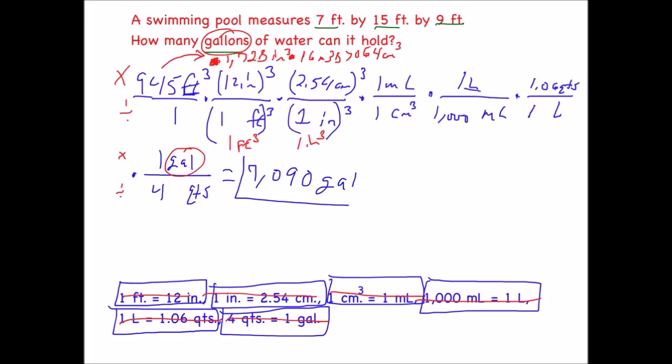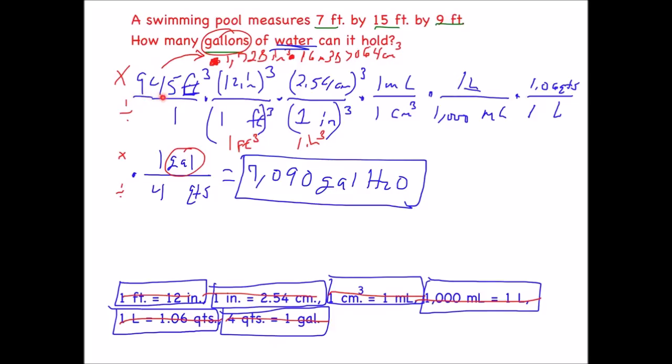Now, I guess to be specific, it's gallons of water because the problem asked for gallons of water. Now you're saying, well, that's not what the calculator showed me. It didn't show me 7,090. This is with the correct number of significant digits. Again, you're going to look at the given to see how many sig figs you need, and that number has no decimal point, so we start on the right hand side and find the first non-zero digit. So that would be 5, and then count everything after that, which is 4 and 9.